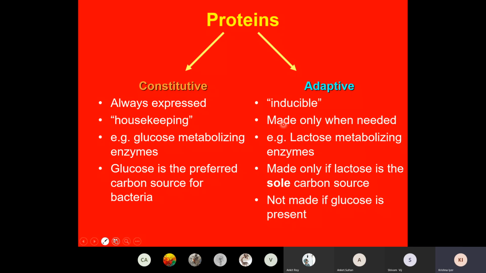An example of that would be some of the enzymes which are involved in, say, glycolysis, the TCA cycle, etc., which are processes which occur in almost all the cells in order to generate energy for the cell to survive. So these processes are not something which do not occur, and then when you need them they occur and then they stop. They keep on occurring in the background all the time.